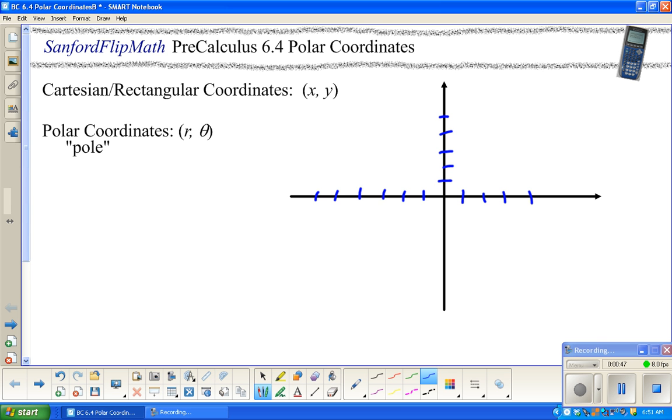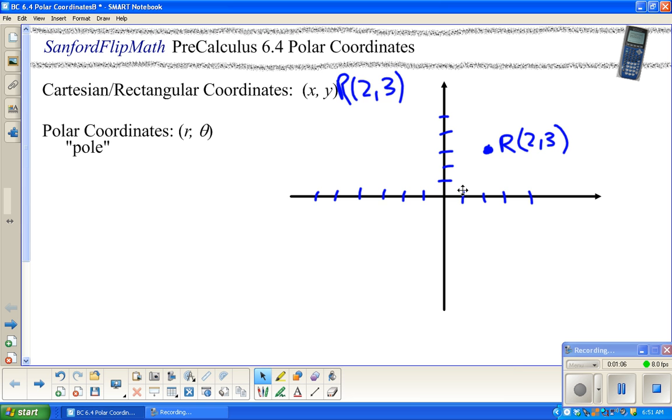So you might consider a point like (2, 3): you go right 2 and up 3, and that's a point. I'll call it R for rectangular, because that's how we got there.